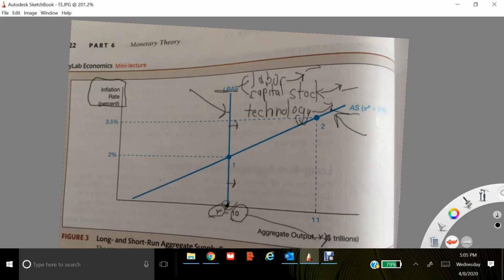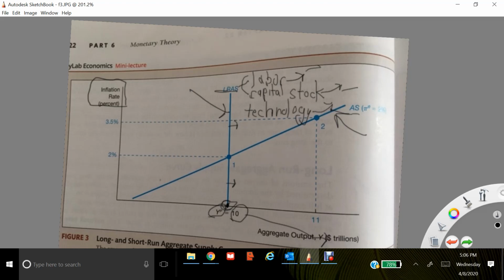Whenever you get a vertical line or a horizontal line in a graph, that means that the relationship does not depend on one of the variables. Okay, that's a good thing to keep in mind. It only depends on one of the variables. So in this case, long-run aggregate supply at any point in time would be a constant.